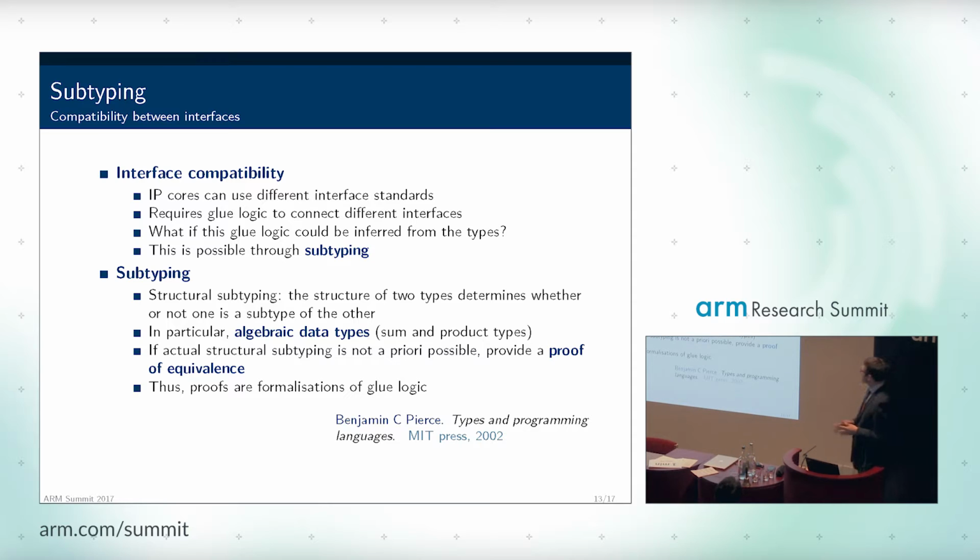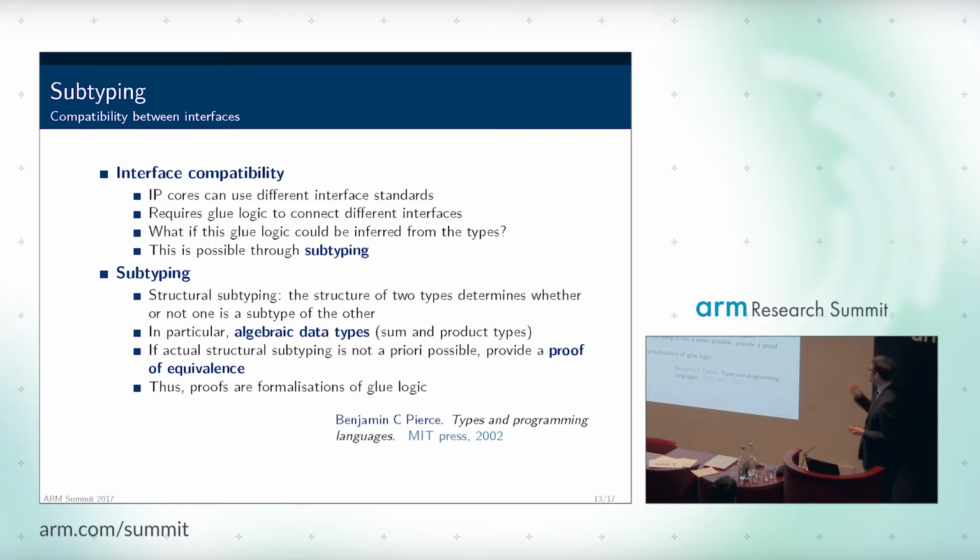So if you use a concept of subtyping, then essentially what it means is that you have a way to say that types are similar in a certain way, and if these types represent your protocols because they are dependent session types, then it's possible to either prove that they are compatible, or if they are not, you can provide a proof of what should happen to make them compatible, and then you formalize your glue logic.